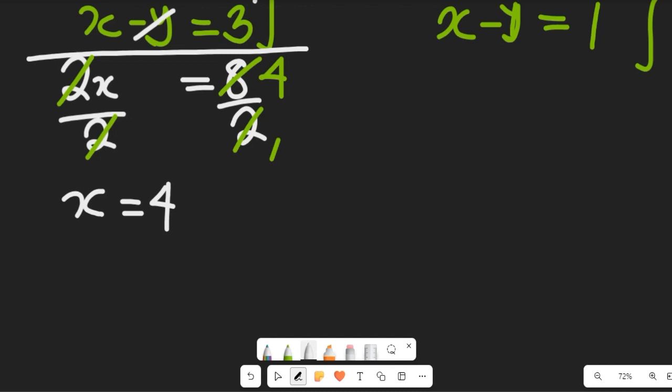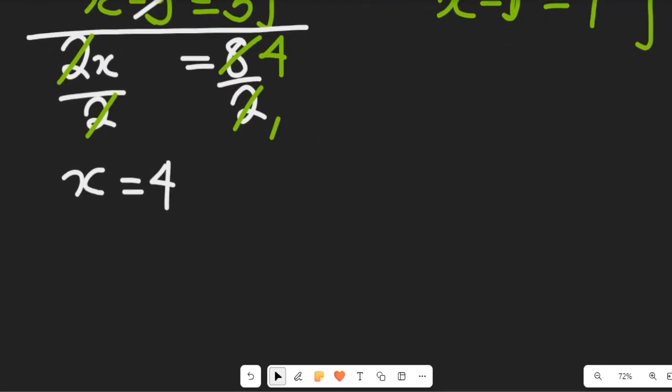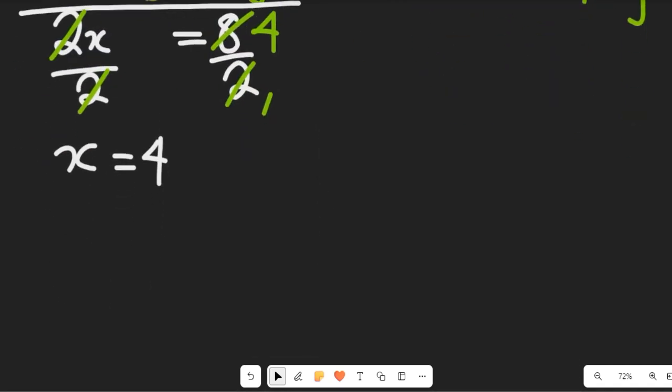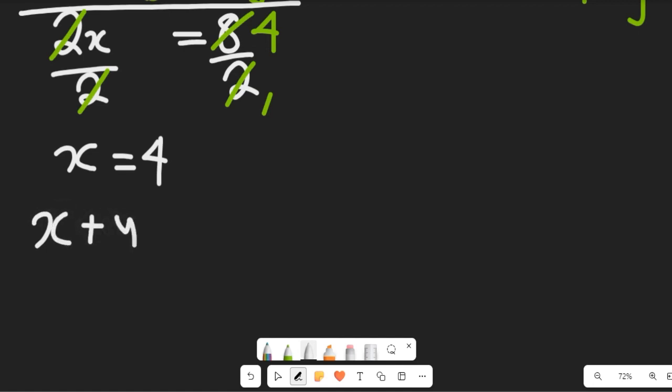Now from this expression, we can also find the value of y. From the first equation, x plus y equal to 5, we can use that expression. Let's insert the value of x, which is equal to 4, plus y equal to 5.